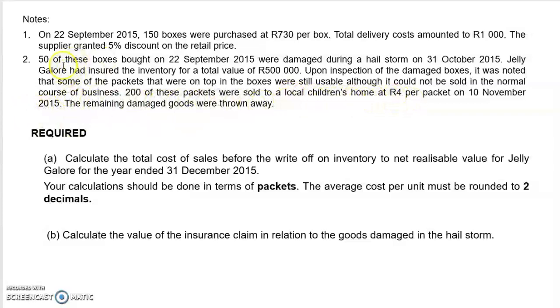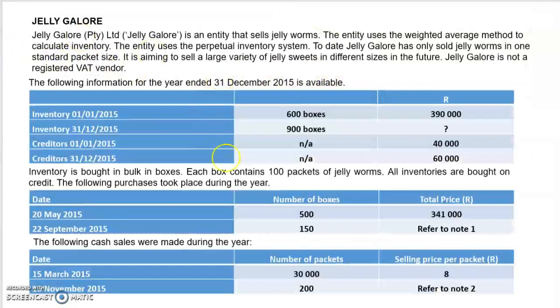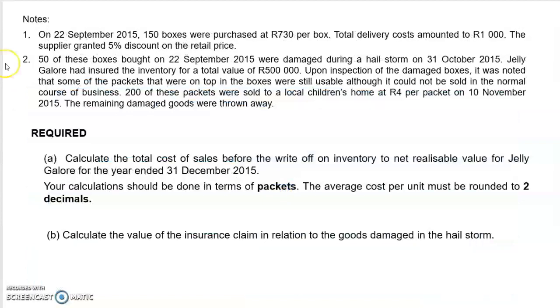Now, what we said when we did insurance, we said, well, we can work out the value of the claim. We have the damaged of the insured amount. We can work out what was the theoretical closing inventory at the date of the hailstorm. We can work out what was the damage, because they said 50 of these 150 boxes that were purchased on that day were damaged, and we know what was the cost price of those packets, so we can work out the exact value of the inventory that was damaged.